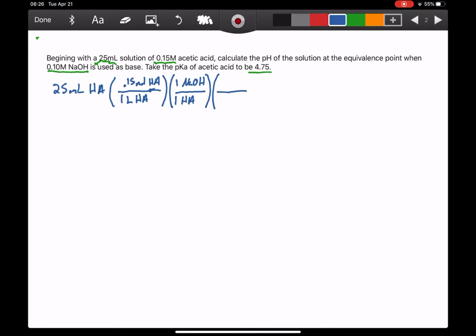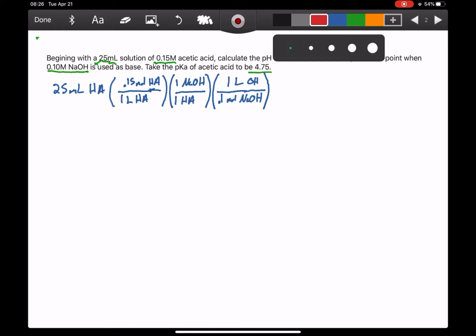Next step is going to be to put our concentration of the NaOH in here. So we have moles of NaOH on top, which means we need moles of NaOH on the bottom. So you have 0.1 mole of NaOH is equivalent to 1 liter of NaOH. So now, when we multiply this through, we're going to notice that first our volume is going to cancel. We're going to be left with moles of acid, and then moles of acid is going to cancel.